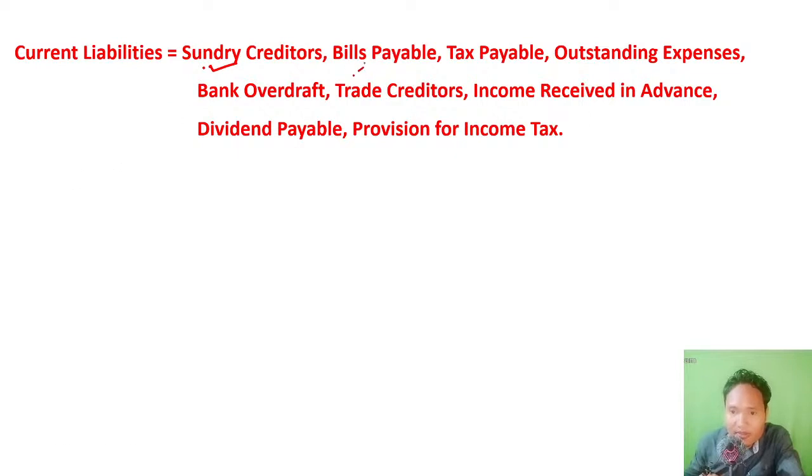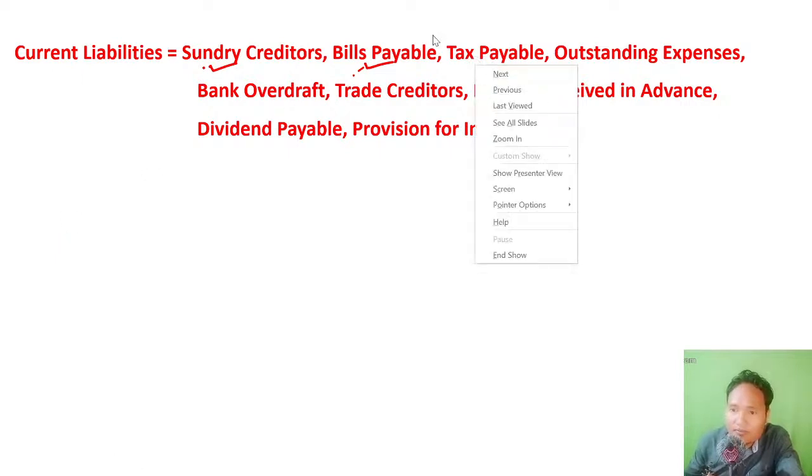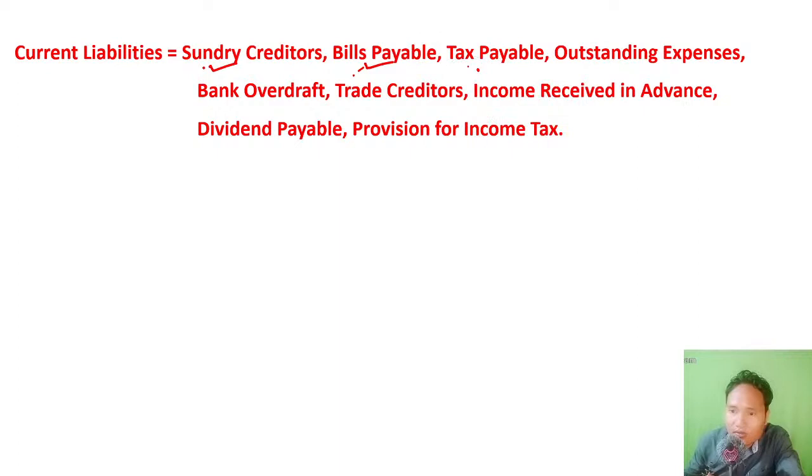Next we have bills payable. If a company purchases some raw material for manufacturing a product, especially for the current year, the company has to pay the bill. Tax payable. If the tax has to be paid within 1 year, that's why it is included in current liabilities.